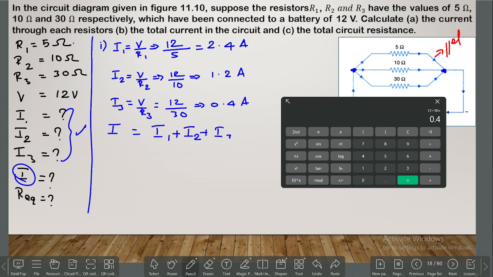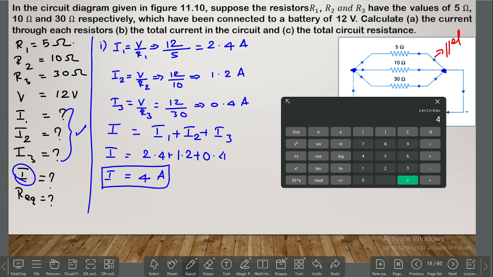That means if you add the current passing through each resistor, you will get the total current. So I is equal to 2.4 plus 1.2 plus 0.4, which is going to be 4 ampere. So I is equal to 4 ampere.